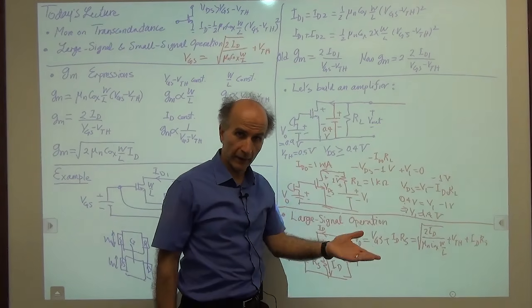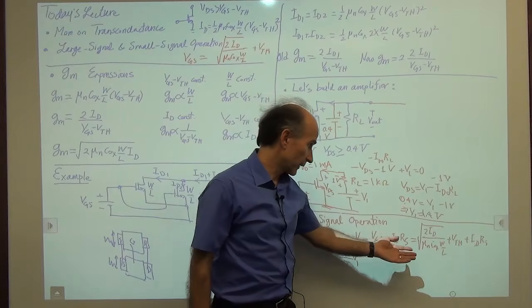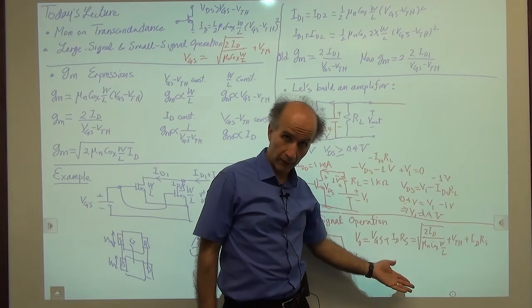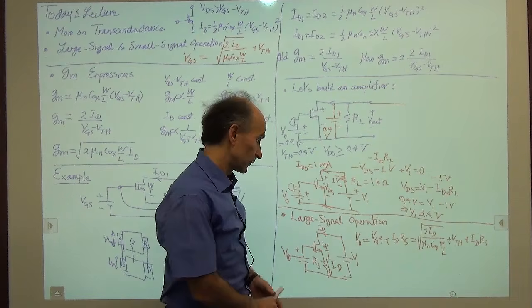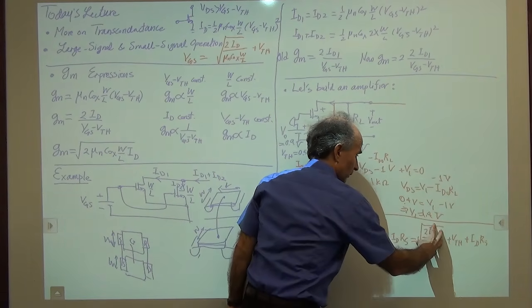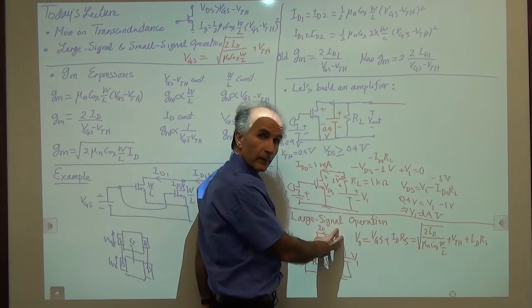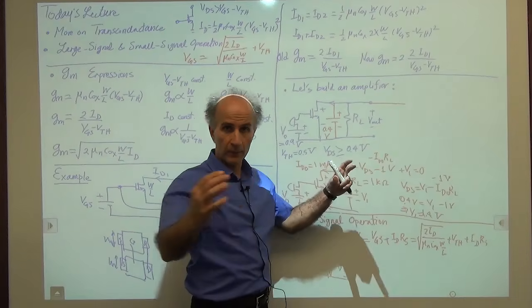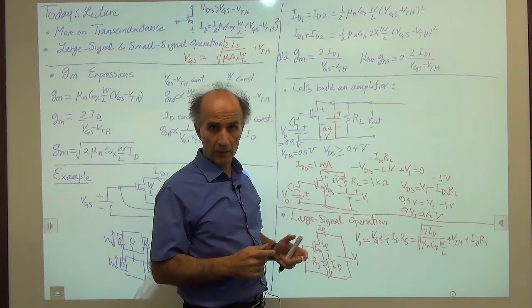What we don't know is ID. So we can find ID. We can even find a closed form equation for ID if we really want to. What we would do is we take V0 to that side, we take the square root to this side. Then we square both sides and simplify and so on. We end up with a simple second order equation that we can solve.